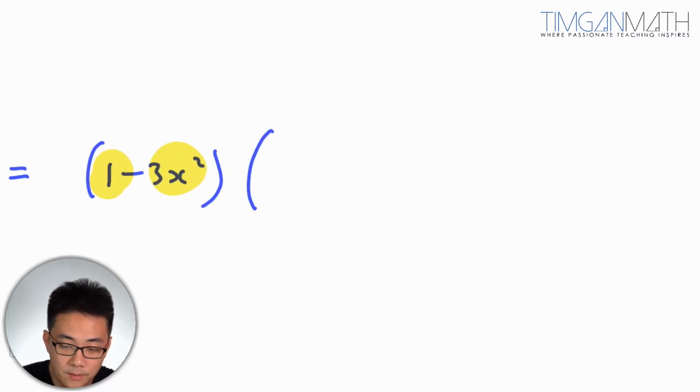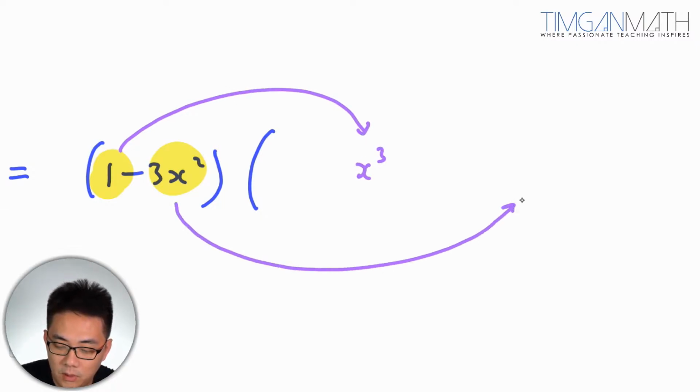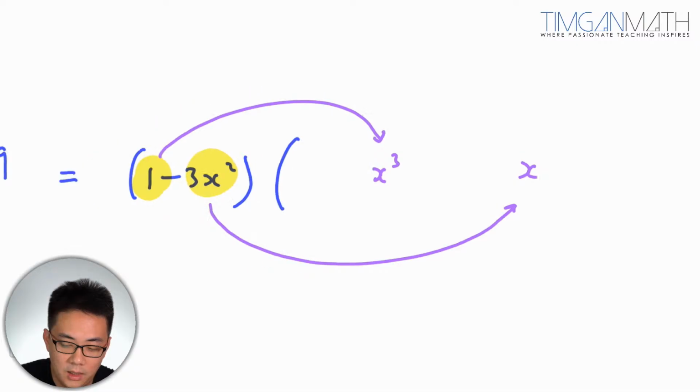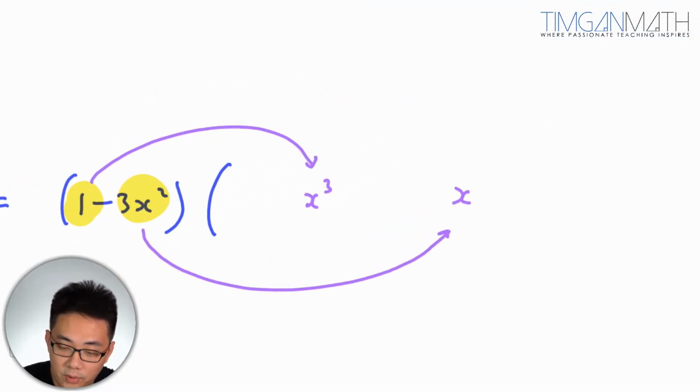So to get x cubed, this term here we need to multiply with x cubed, obviously. This term here we need to multiply with x in this expansion of power 9, which we have already found previously.